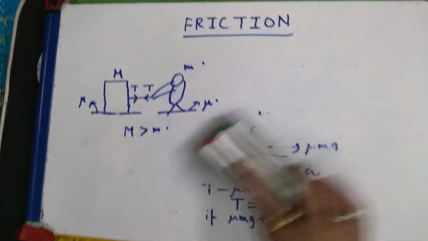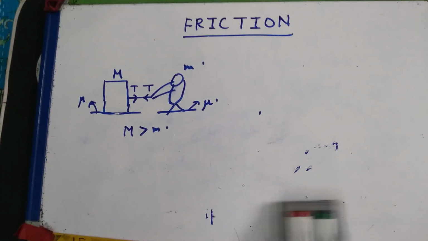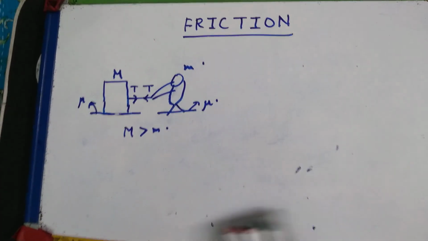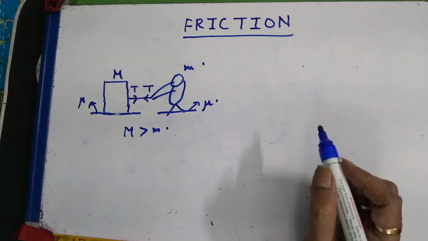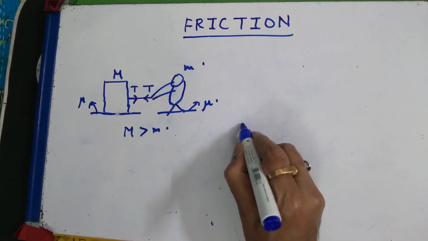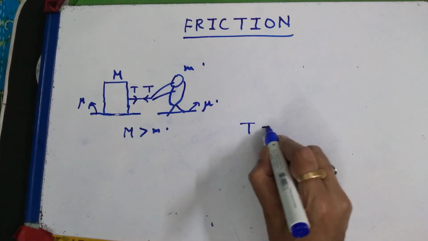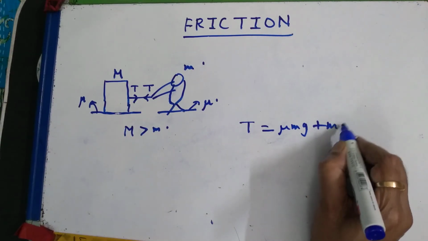Now let us go to option C. Option C says if both move, the acceleration of the man is greater than the acceleration of the block. If both move, then the tension became mu mg plus ma.